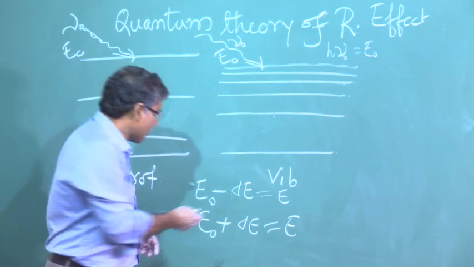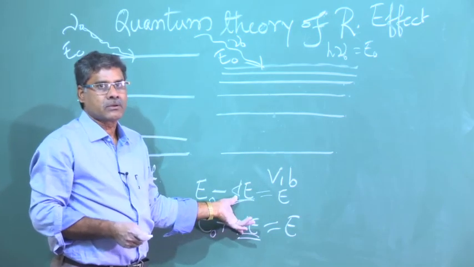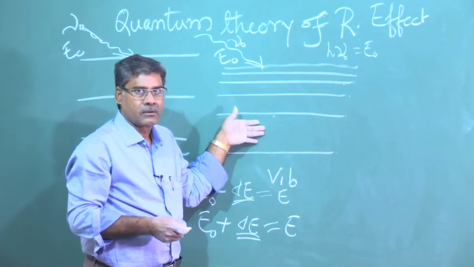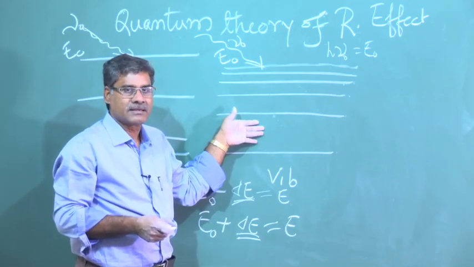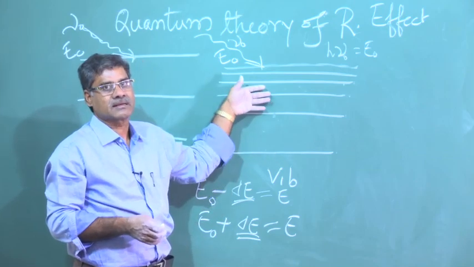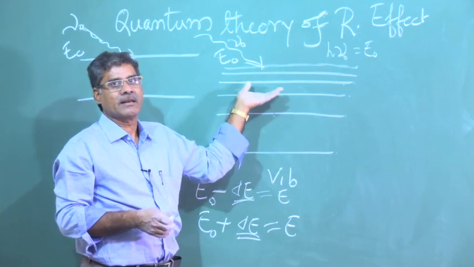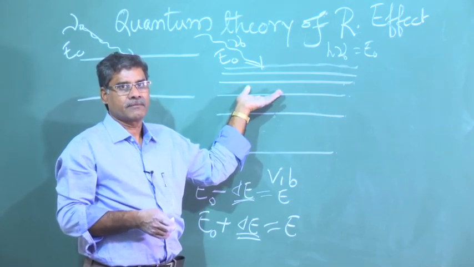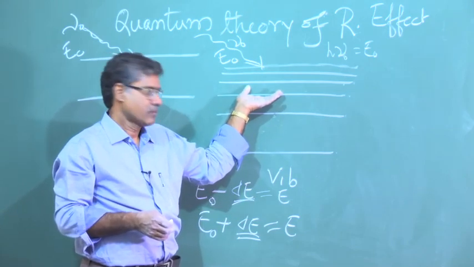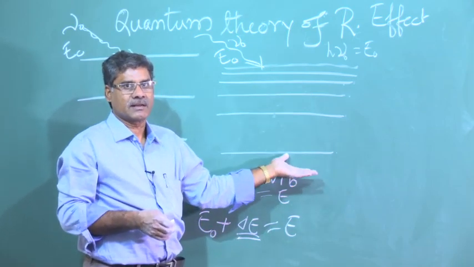Now, del E, and here we have whatever is written. This is because the molecule is going from one state to another state, either from a lower energy state to a higher energy state, or from a higher energy state to a lower energy state.